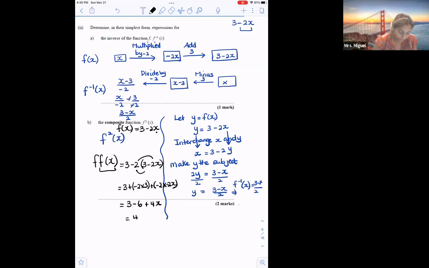Here I will get 4x minus 3. So I have taken my f of x function and put it back into my f function. I am going to replace it with the x. That is the only point of substitution. The constants stay the same and you can only substitute for the variable x.